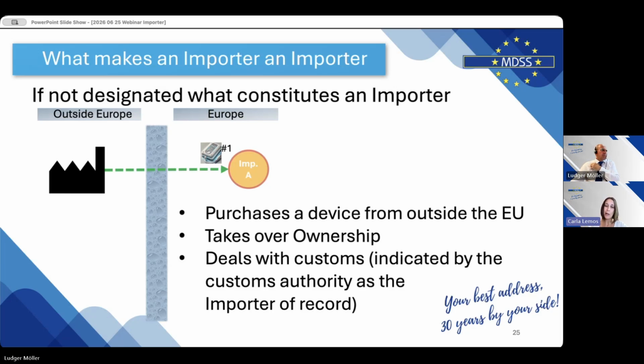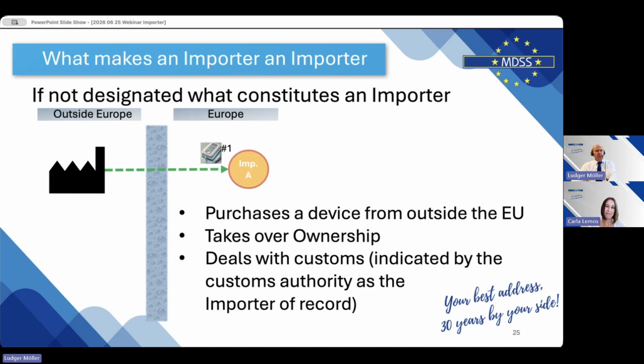Yeah, that's a very good question. Now with the EUDAMED implementation, will the regulation be updated to remove this, or do you believe not, that it's still going to be listed in EUDAMED and in a document that goes along with the device until the final user? I think the indication of the importer will not go away, because you find it in other regulations.